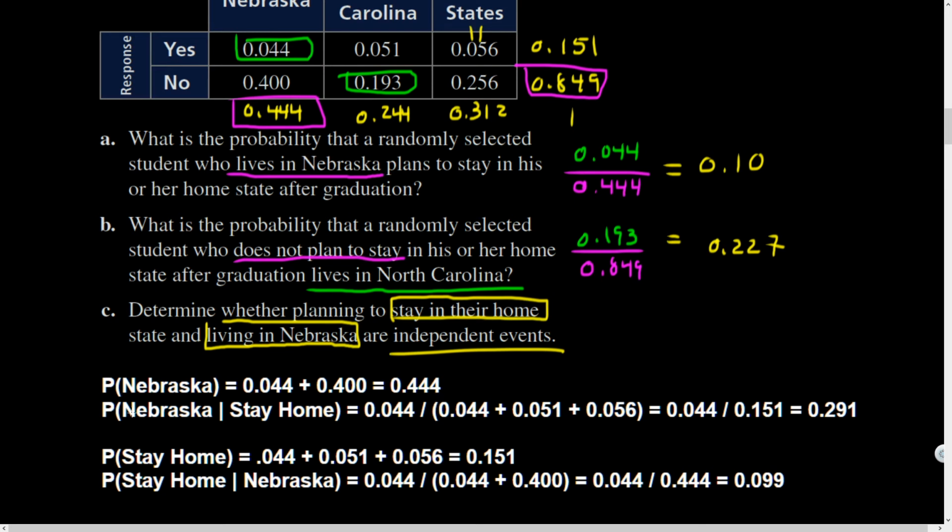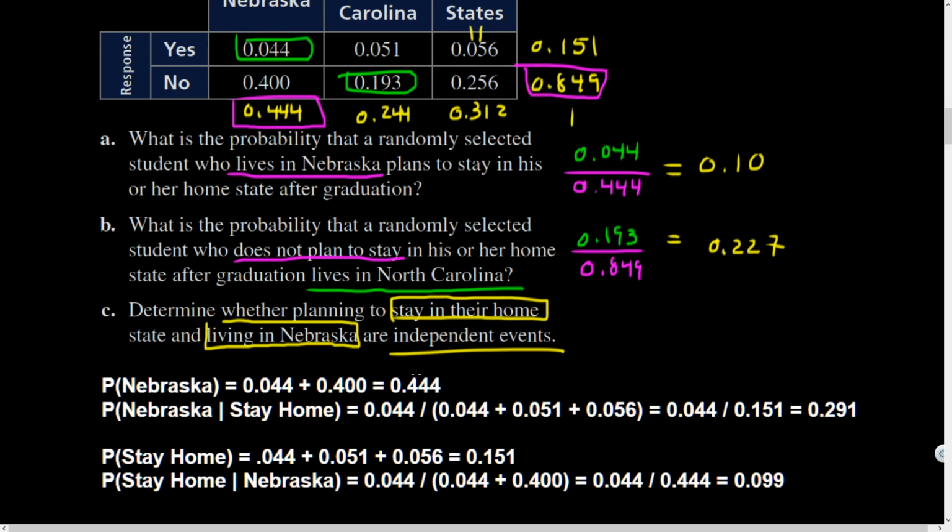And then I did what's the probability that someone is from Nebraska, given I already knew they planned on staying home. And so the numerator was still those who said yes and Nebraska. But I'm adding up this entire row of all those who said they planned on staying home, which actually is only, looks like 15%. And so by adding all that up, I end up getting that.